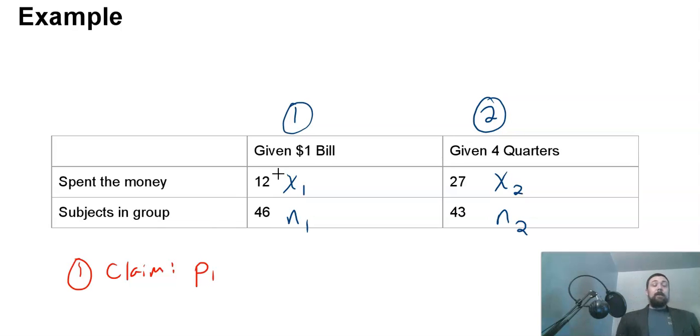So if they're less likely, that means the proportion of students in that group who are spending their money should be less than the proportion of students in group number 2 who spend their money. The wording isn't very literal. We have to read the claim and then infer from that what it means mathematically. And if the first group is less likely to spend their money than the second group, then the proportion from the first group should be smaller than the proportion from the second group of students who spend their money. Right, so that is the claim.